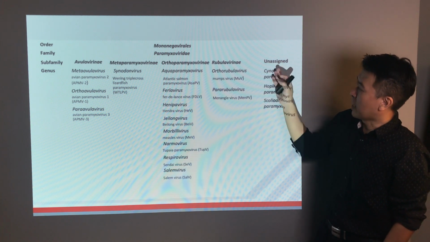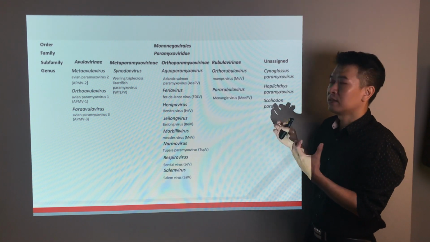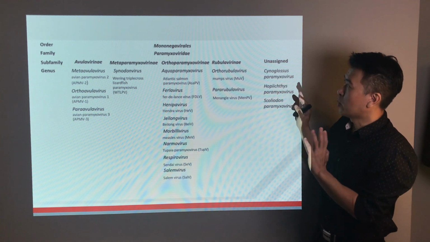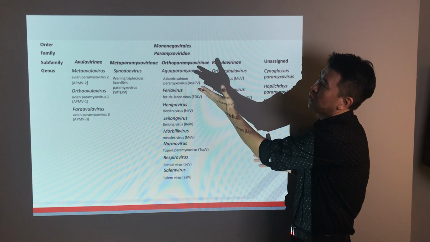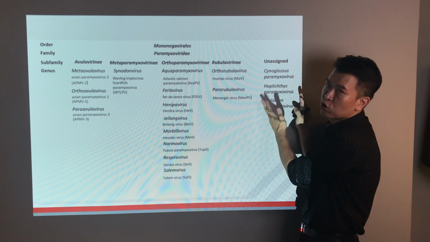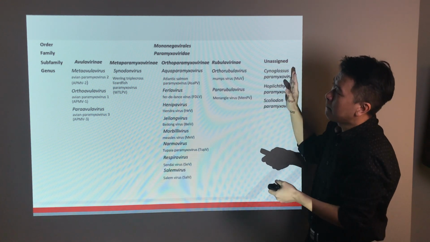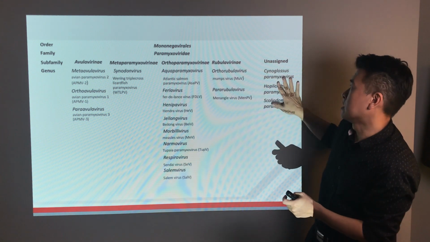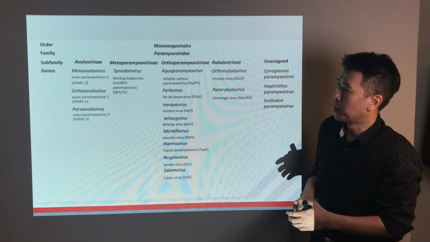We also have some unassigned, which means that the scientists still do not know how to classify these. So they belong to Paramyxoviridae, but still not sure how to classify them whether into this subfamily or just leave it as it is at the moment.